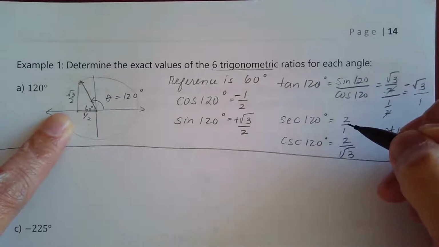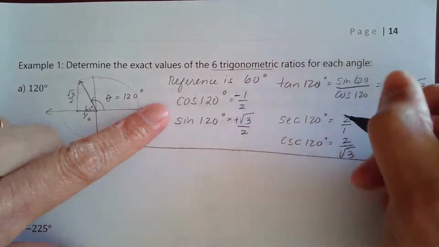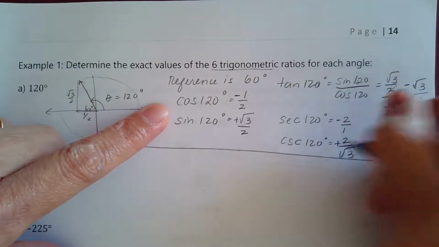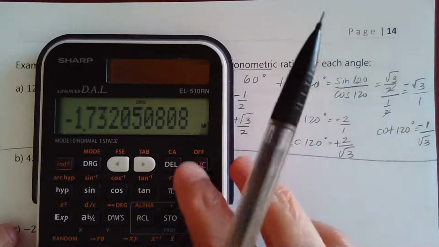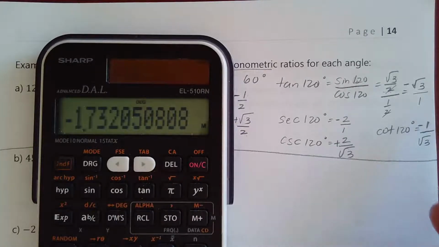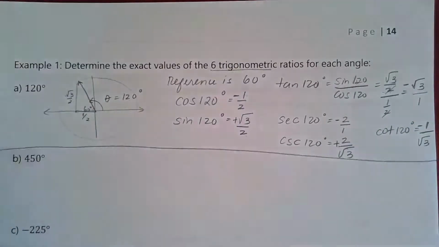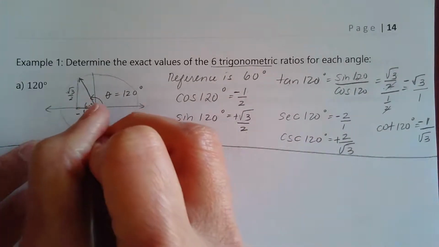Secant is reciprocal of the cos, so it's also going to be negative, and this is going to be positive. So that's what I forgot to do. So tangent of 120 degrees, let's try that again. I ended up getting a negative 1.73. And if I type that in, negative root of 3 is actually negative 1.73. Okay, so I should put negative in here, negative 1/2.